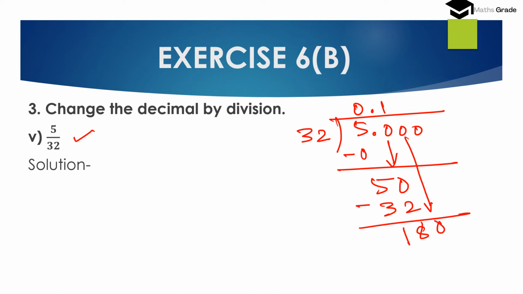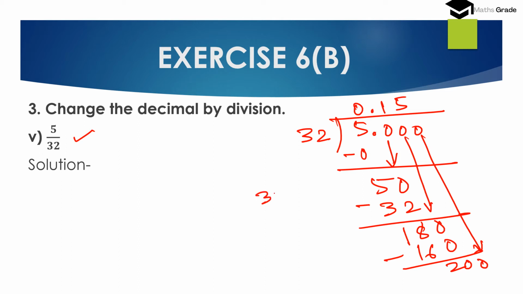Now write this 0, 180. Now in the table of 32, if we multiply 32 with 6, 6 3 is 18 and 6 2 is 12, that is 192, but it is more than 180, so we have to multiply 32 with 5. 5 2 is 10, 5 3 is 15, 160. 180 minus 160 is 20. Now write this 0, 200.